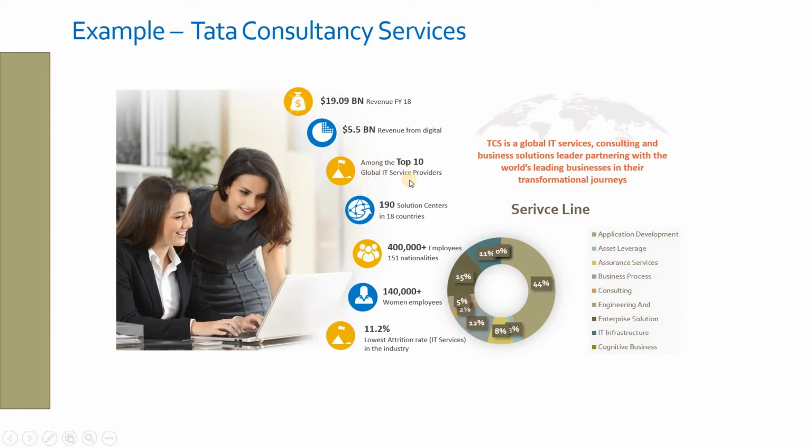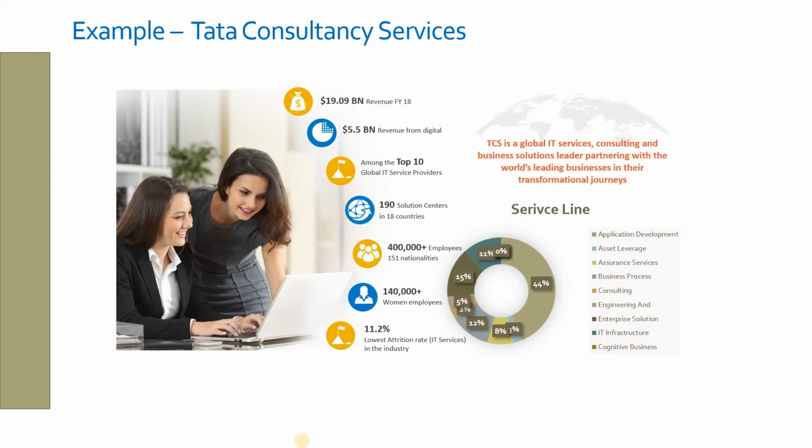This is a top 10 global IT services provider, TCS. 190 solution centers in 18 countries, 4 lakh plus employees. Now I think 5 lakh plus employees in TCS, of 151 nationalities, and the diversity is a very big number in TCS: 1,40,000 plus women employees will be there.